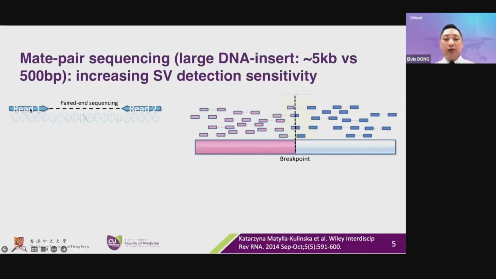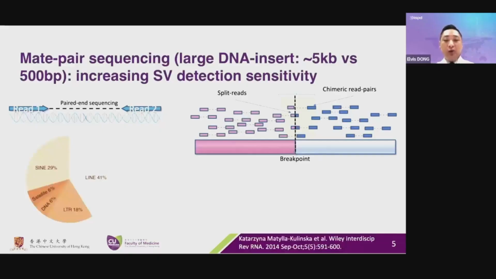When we align the sequence to the genome, most of them align to the same chromosome, but for some of them, part of the read aligns to chromosome A and the other part aligns to chromosome B. We call it a chimeric read pair. Some of them, by splitting, align partly to chromosome A and partly to the other chromosome. So we gather these kinds of reads for the following analysis.